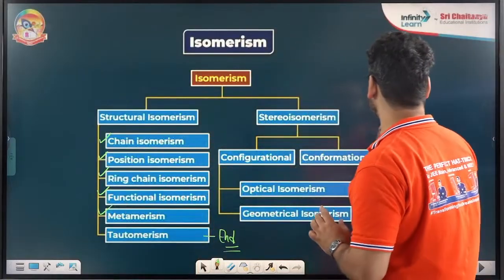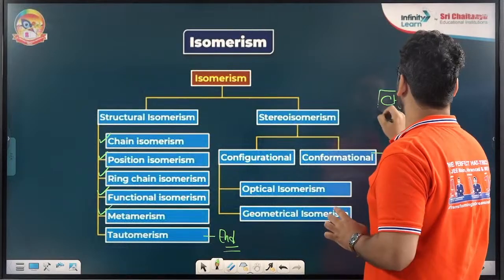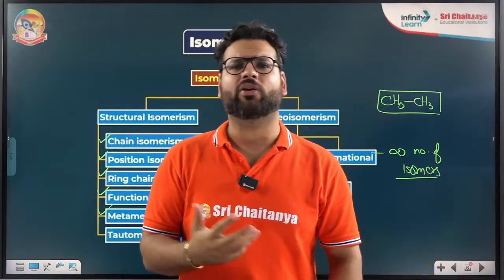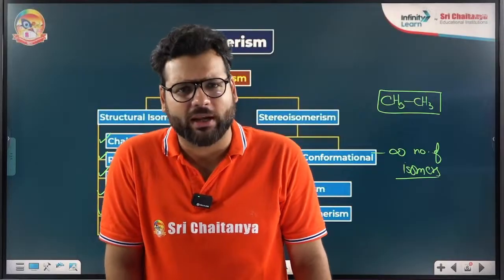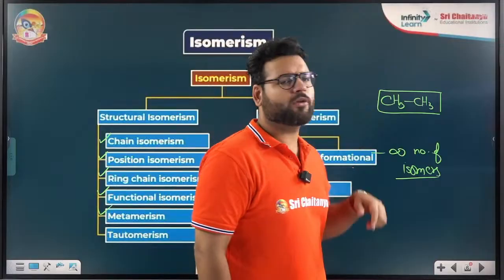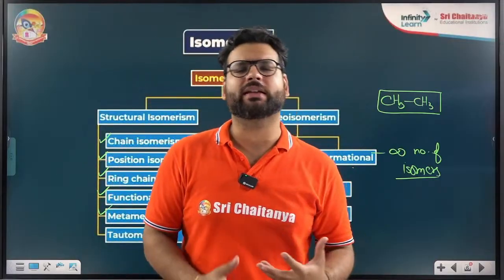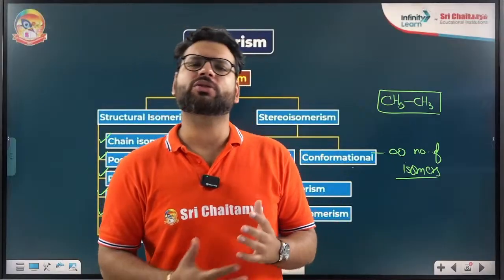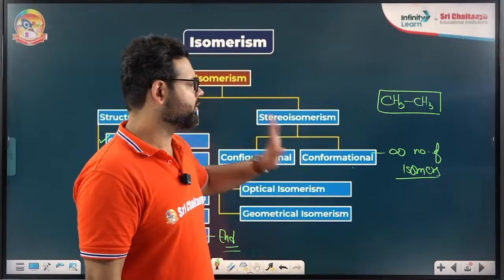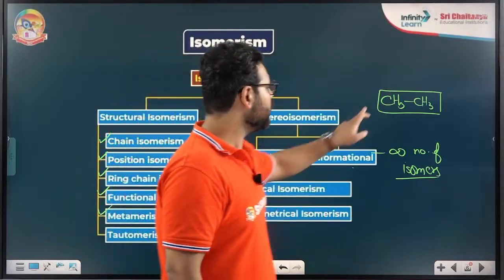Answer is no. Ethane cannot have chain isomerism or functional isomerism or any type. But it will have conformational isomerism. Ethane can have an eclipsed form and a staggered form, which is not a true form of isomerism, but still we can talk about it. This is something you should know.